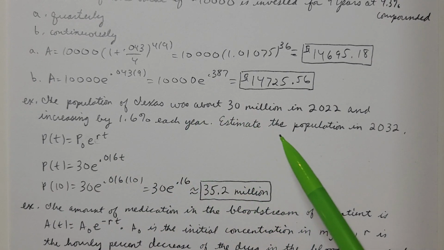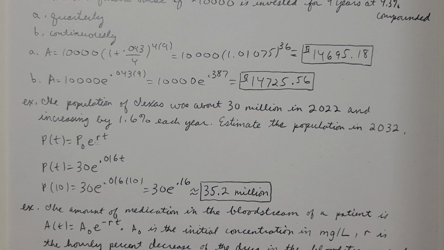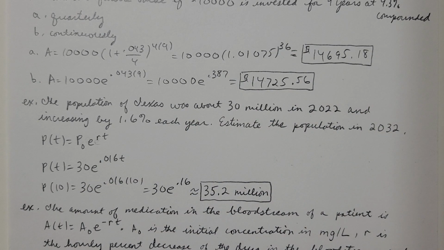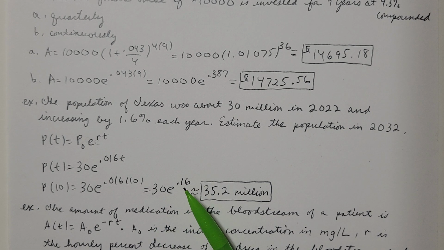Now, I want us to estimate the population in 2032. Well, it's been 10 years since 2022. And so all I have to do is plug in 10 for t, and then I'll be done. Okay, so if we do that, we got 30 times e to the power 0.016 times 10. 0.016 times 10 would be 0.16.